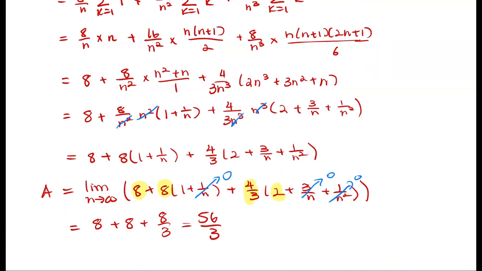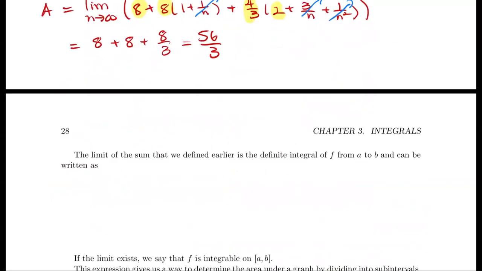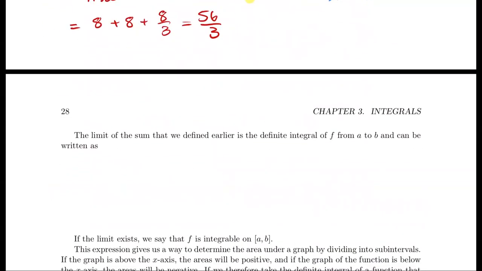All right, so now let's have a look at the next part. The limit of the sum that we have defined earlier is simply going to be the definite integral of f from a to b.